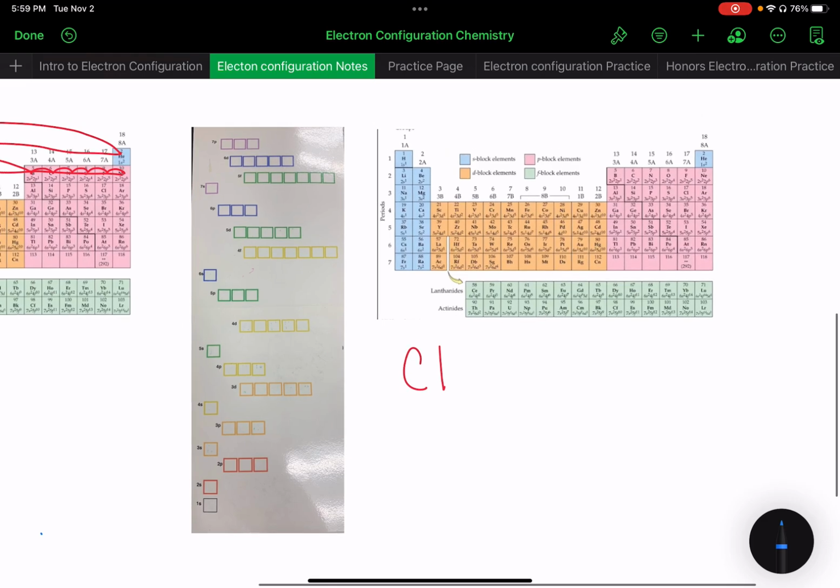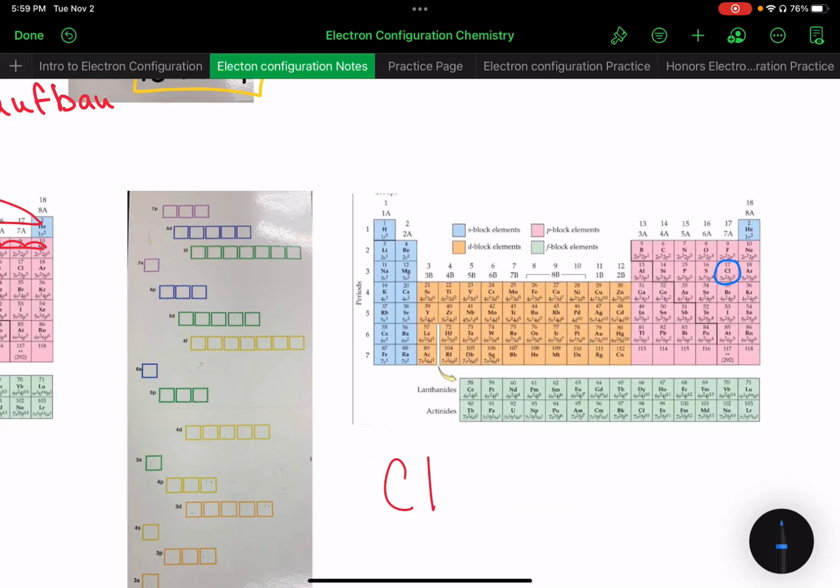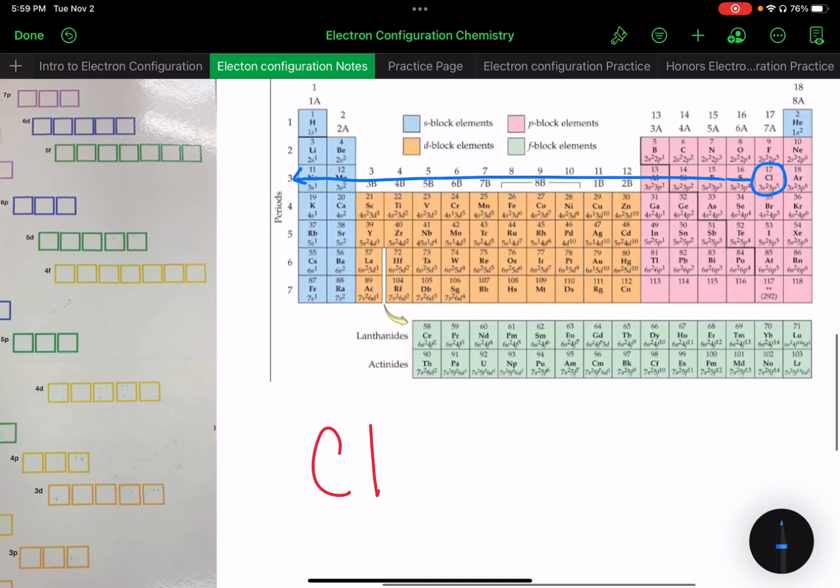So now let's look at a little bit further one. Let's look at chlorine. Okay. Chlorine is over here. Again, let's focus on our endpoint. So if we go across, we're going to find that chlorine is in row 3. It's in the P block. And now I count how many blocks it is. 1, 2, 3, 4, 5.